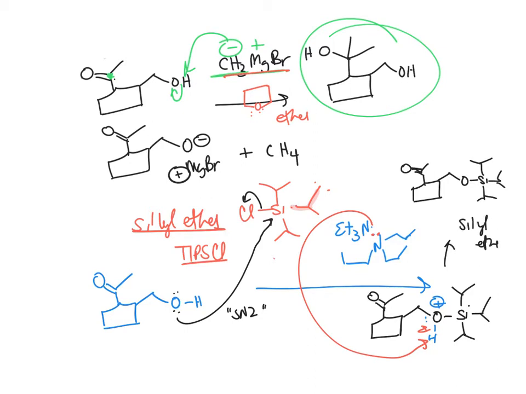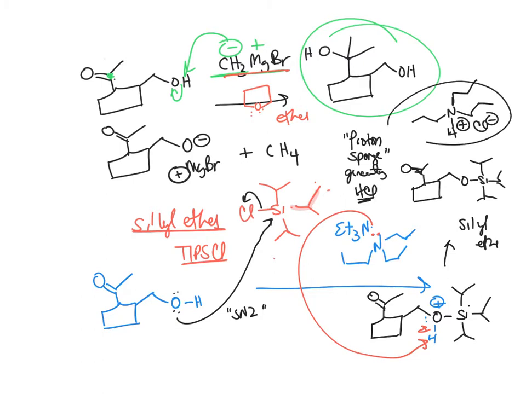And then triethylamine is your, it's called a proton sponge. And so if you're ever generating HCl in a reaction as a byproduct, then you need a proton sponge to absorb it. So that way your reaction goes forward.